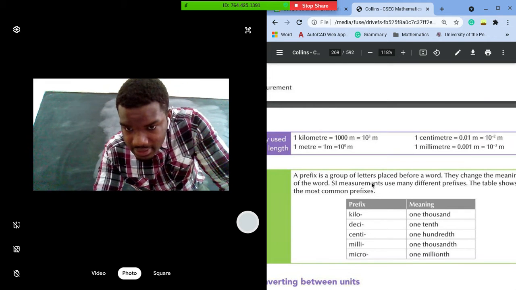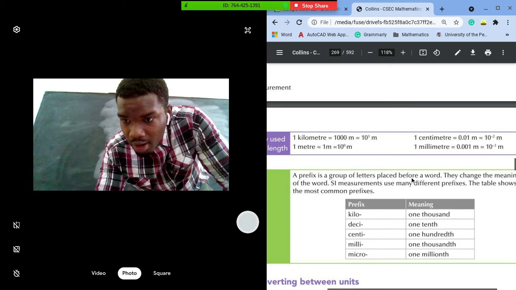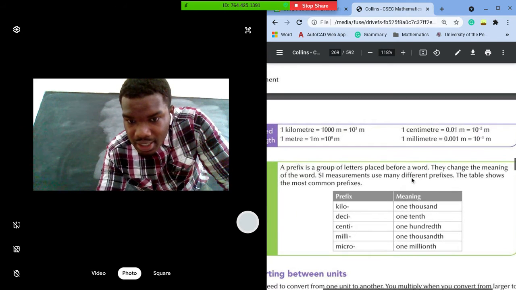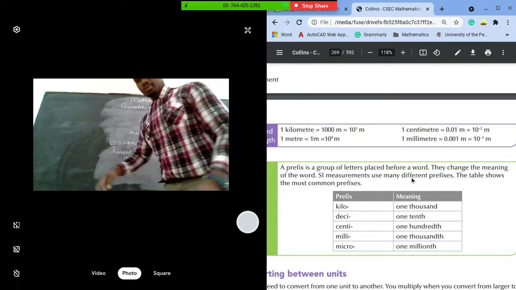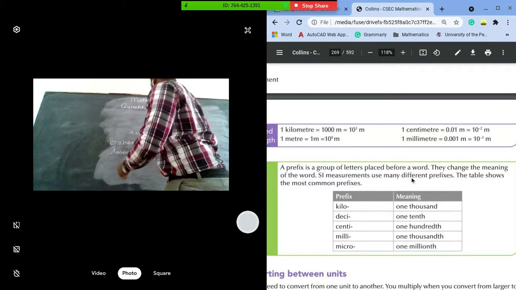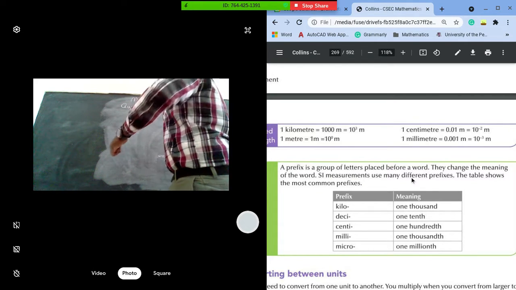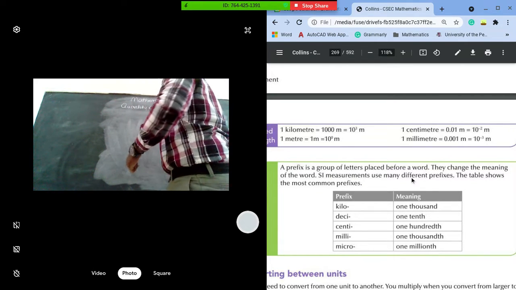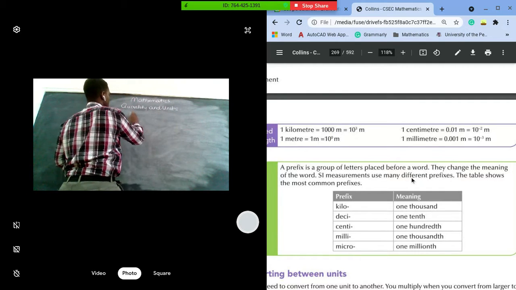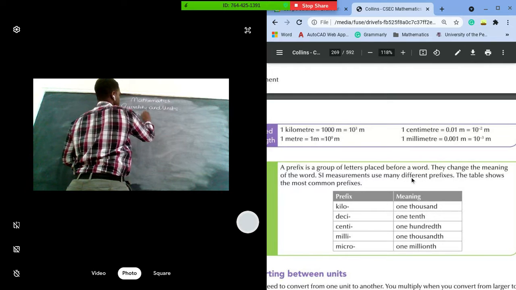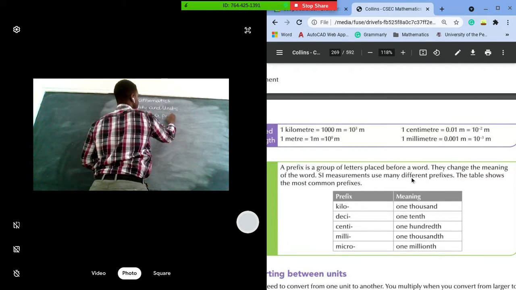A prefix is a group of letters placed before a word, and they change the meaning of that word. Let me give you an example. So first you write for me, what is a prefix?